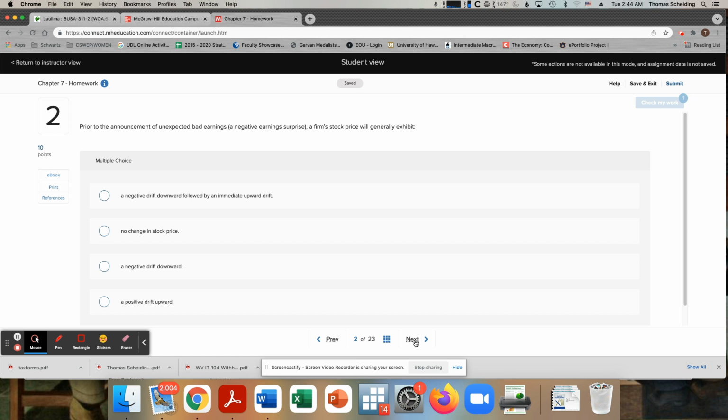Typically, before that, there's usually a cause of those bad earnings, which would be a trend of revenue falling or costs rising.